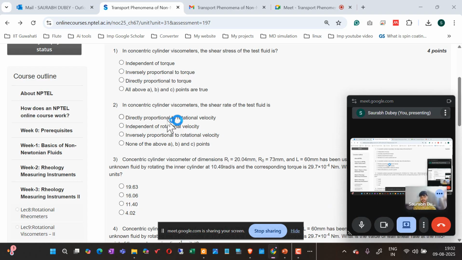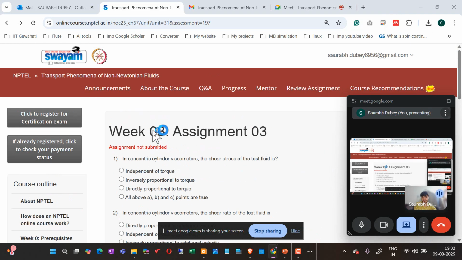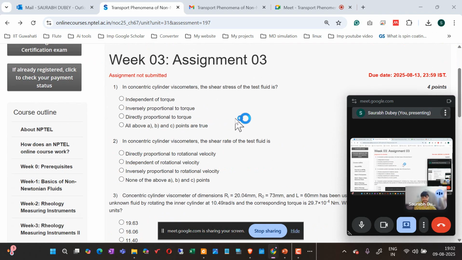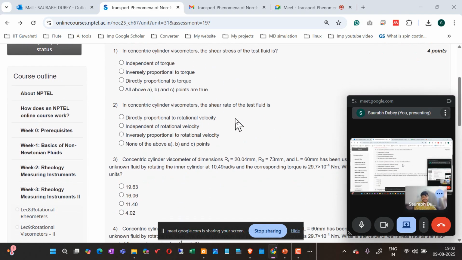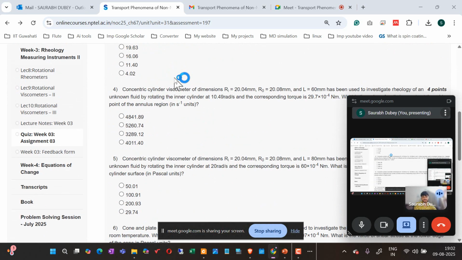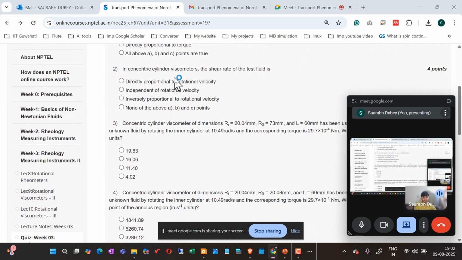For example, if you see, the first question is around the concentric cylinder viscometers, right? So what I will be doing, in the first half of the class we will be revisiting the main bullet points that have been taught in the entire week by the sir, and then we will be looking at some calculations where sir was a bit fast, so that it eases the entire conversation.